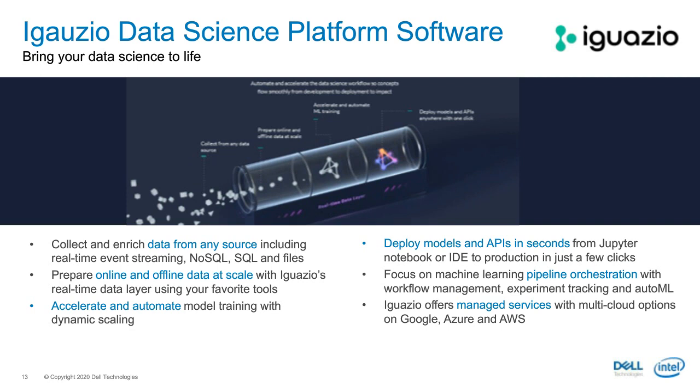But a key value of Iguazio underneath is that it runs a very, very optimized cloud-native stack. It is built on top of something called serverless automation, which allows you to run all these managed services.